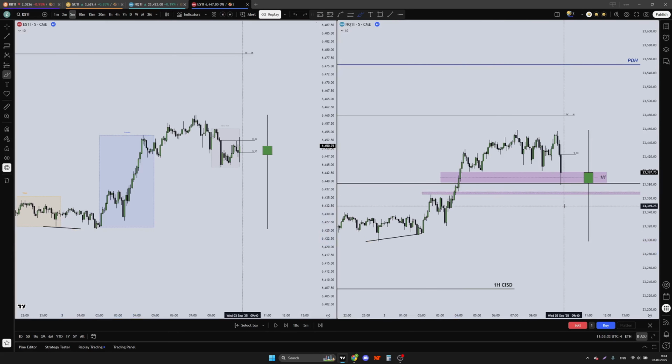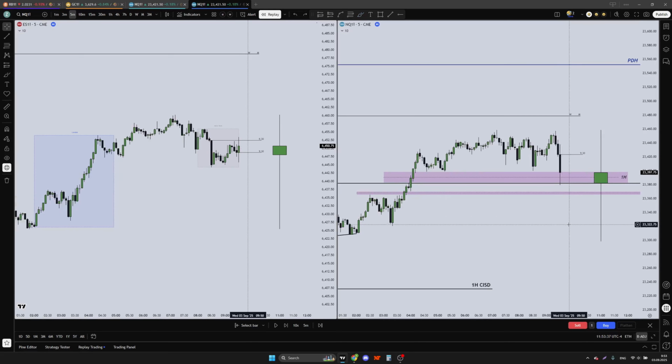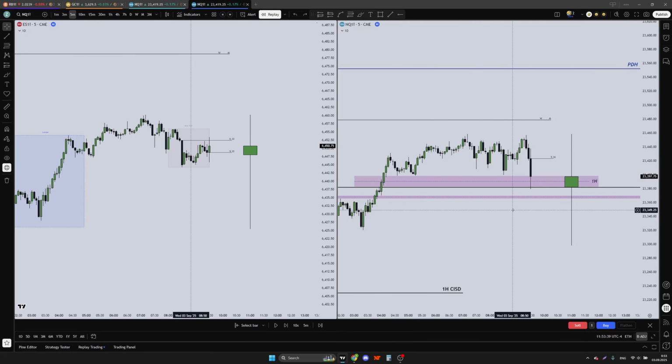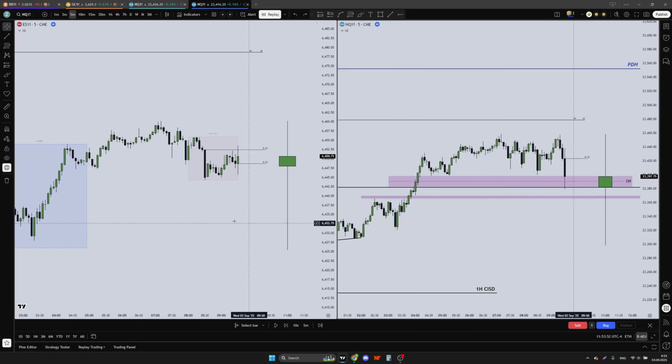Or if the daily profile is going to be invalidated for me, I would not look for longs anymore. But just because I got stopped out on this entry, my idea was that price during New York is just gonna retrace some more and then potentially expect my draw.